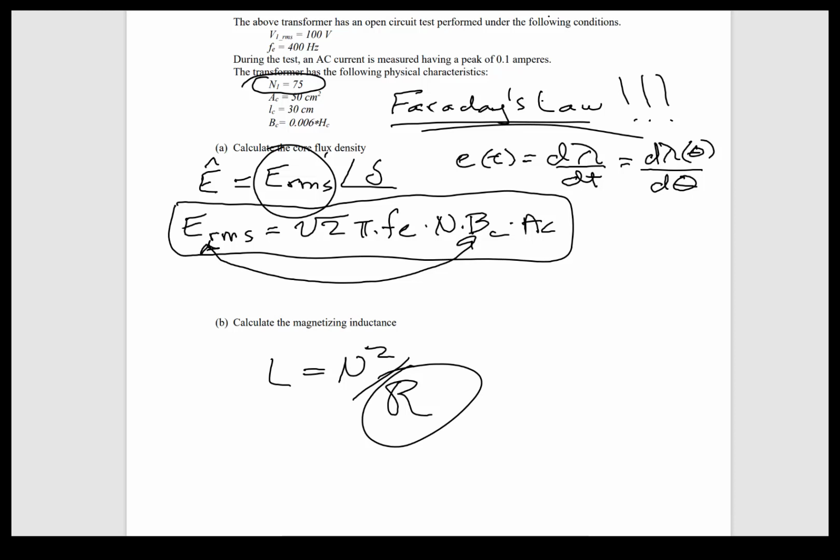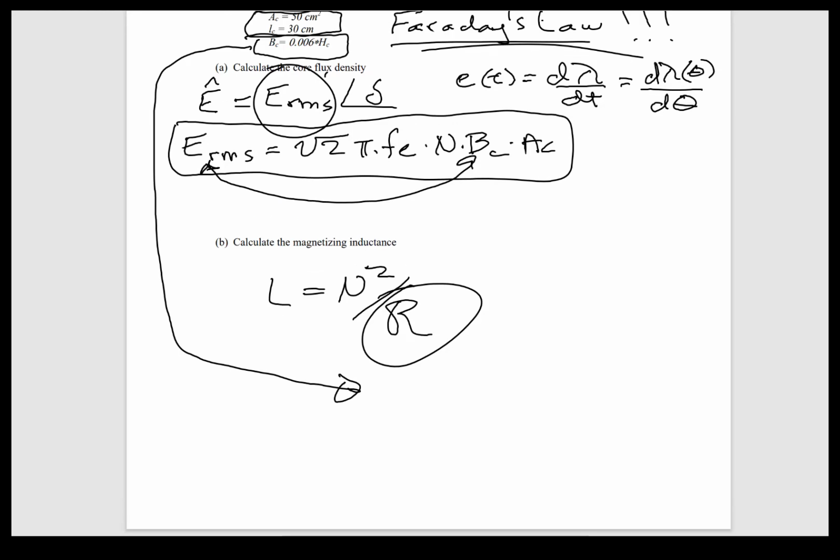So there were two things I gave you. The area of the core and the magnetic length of the path. The other thing I did, which was just a little bit different, I didn't give you a BH curve, but I try to treat our homework and exams like a practical engineering problem. And sometimes your practical engineering problems don't look exactly like a homework problem.